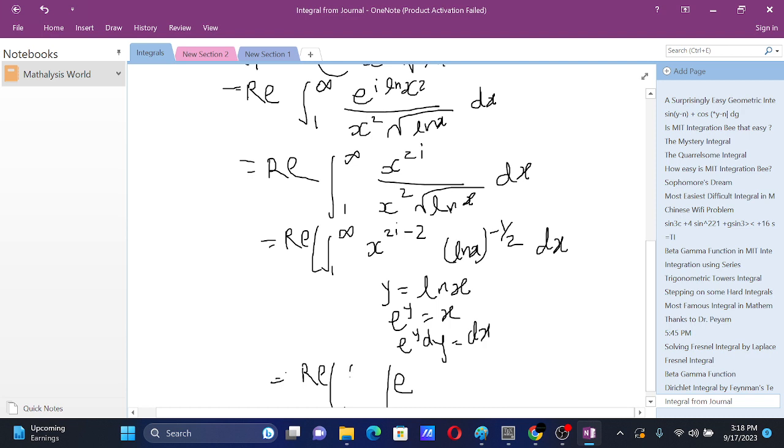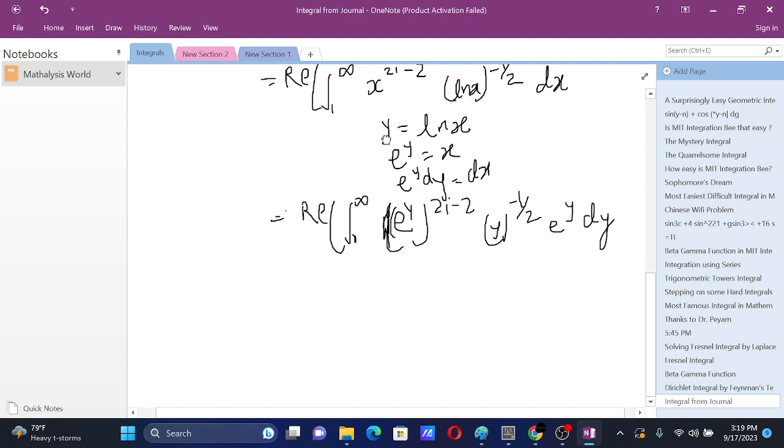And now this is the real part of integration from 0 to infinity of e to the power y, this is bracket, times 2i minus 2, this is y to the power minus 1 by 2, and dx is e to the power y dy.